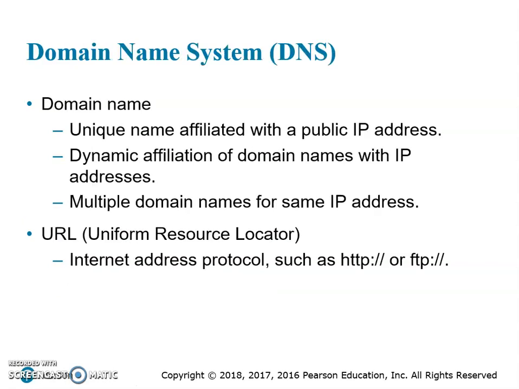Domain name system, or DNS. This is the unique name affiliated with a public IP address. So these are your website addresses. And it goes through URL, Uniform Resource Locator, and these could be HTTP or FTP. HTTP, Hypertext Transfer Protocol, is used to access primarily websites on the internet. It's usually a one-way.